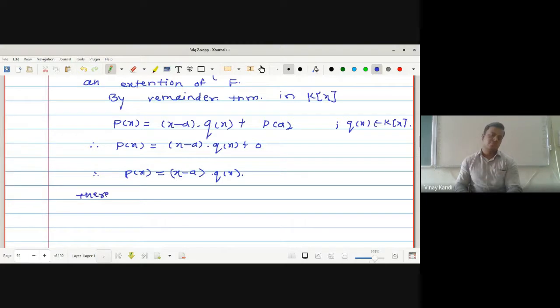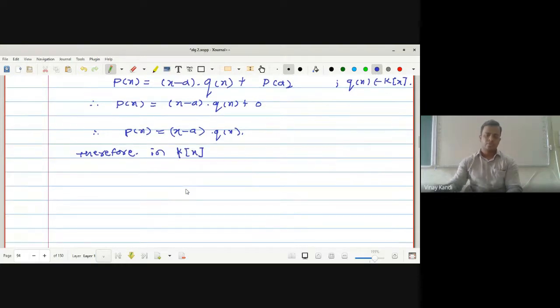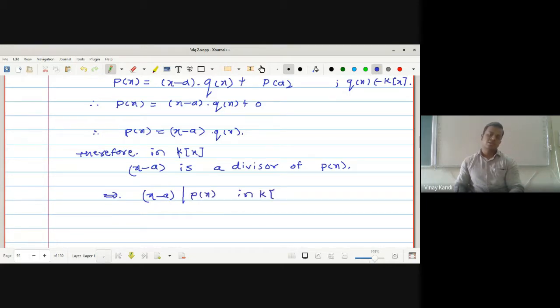Therefore, in capital K of x, x minus a is a divisor of p of x. So this implies x minus a divides p of x in capital K of x. Any doubt? No, sir.